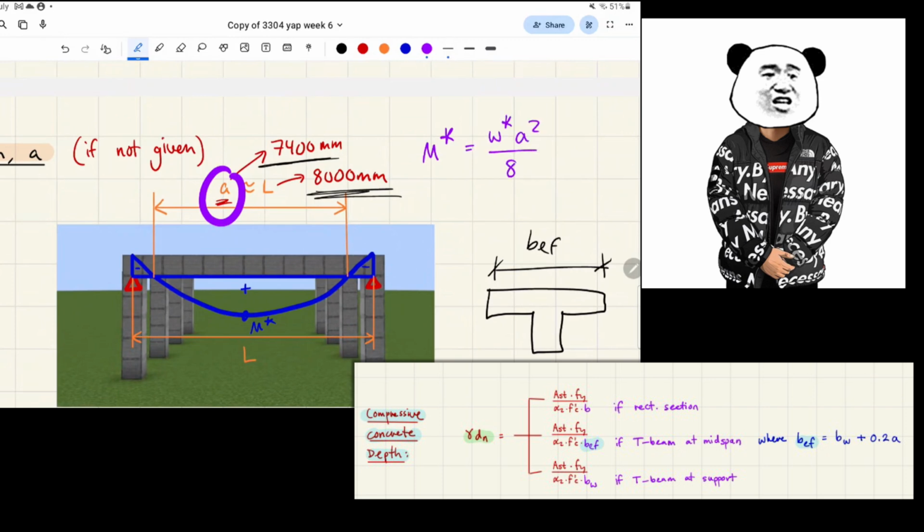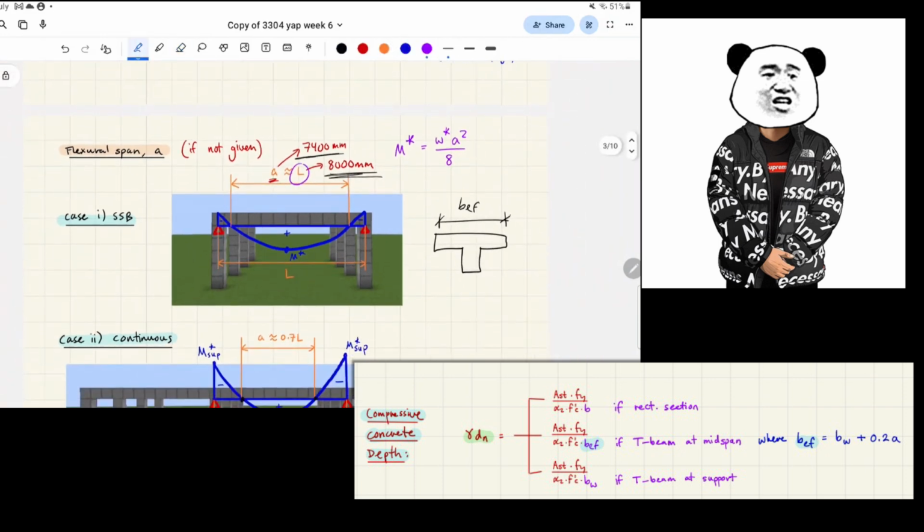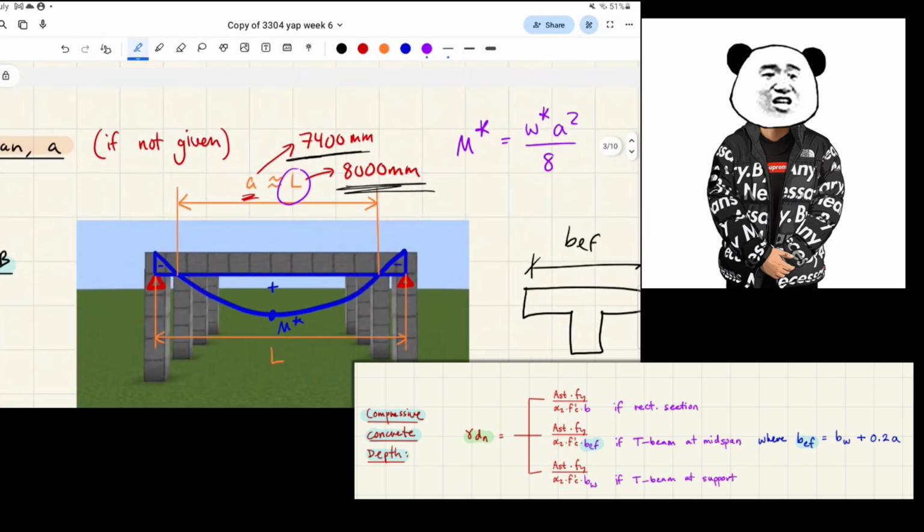And that's the flexural span length, even though it's a simply supported beam. But now we're calculating the web width of the actual section. Now we use L, we override what the flexural span is, I guess. I don't know why.